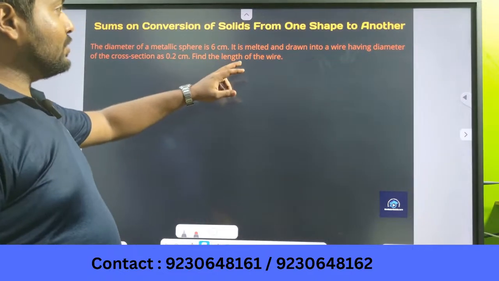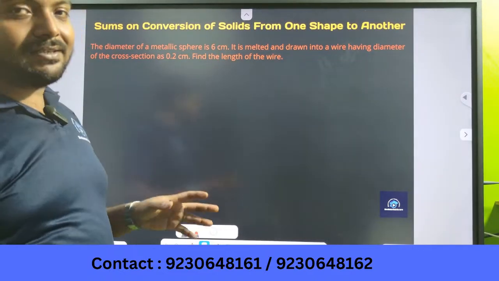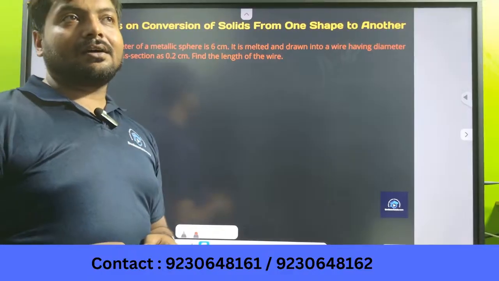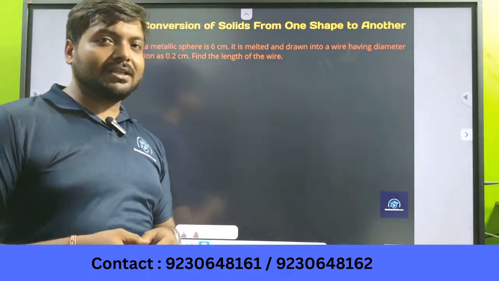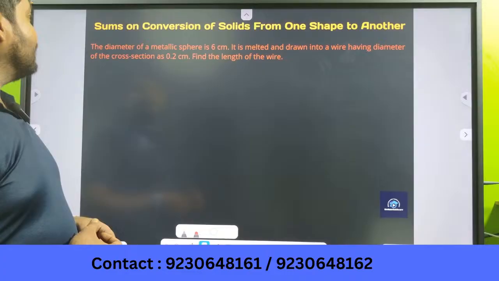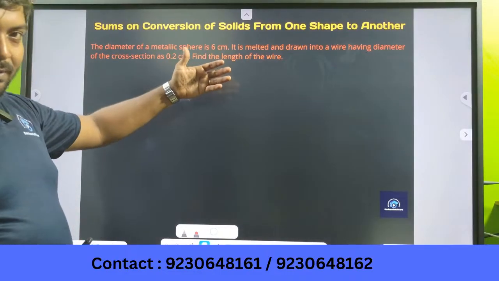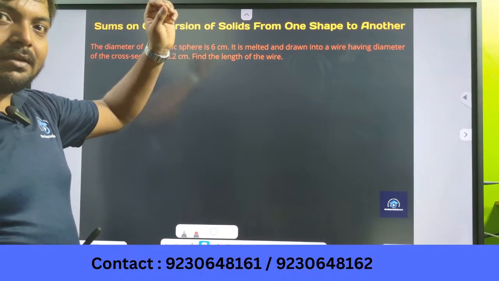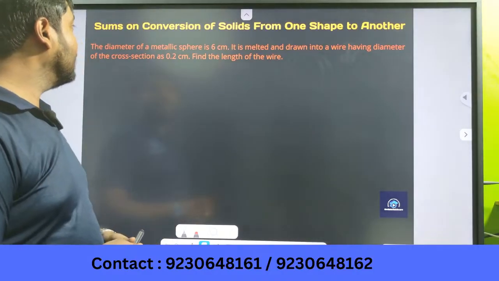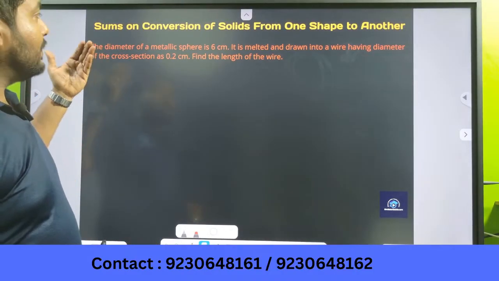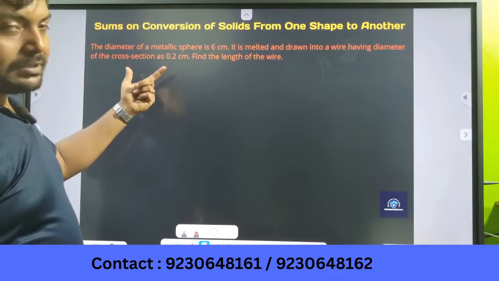So it is actually drawn into a cylinder, because a wire is in the form of a cylinder. And we have to find the length of the wire, that is nothing but the height of the cylinder, and the diameter of the cross section is 0.2 cm.